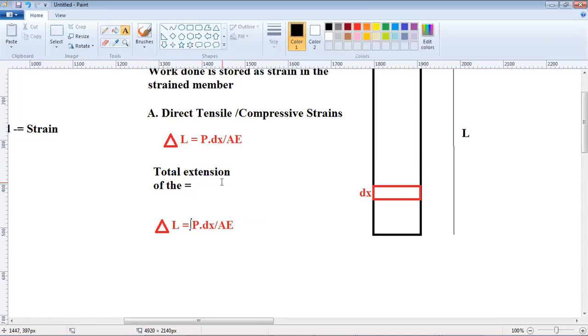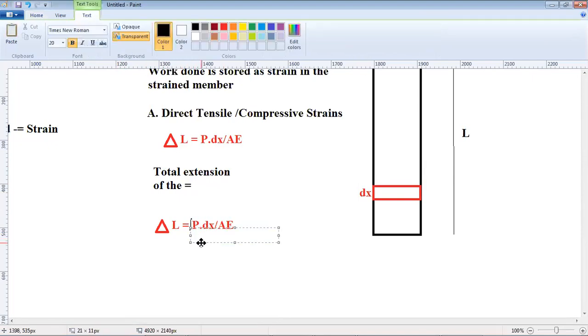So this is integration of P dx. Now integration would be from 0 to L.